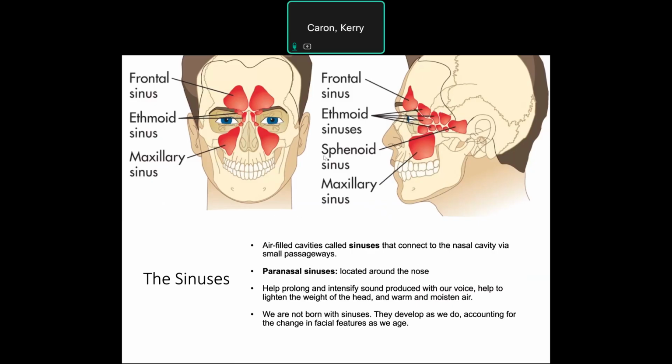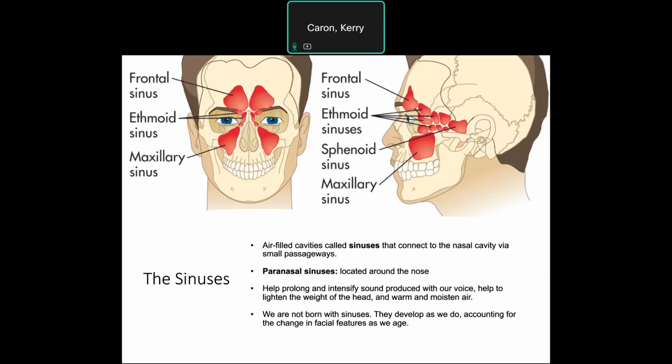I mentioned sinuses on the cadaver. Sinuses are air-filled cavities. They connect to the nasal cavity. Around the nose are our paranasal sinuses. Our sinuses help us with sound. You know, if your sinuses are clogged, your voice sounds different.